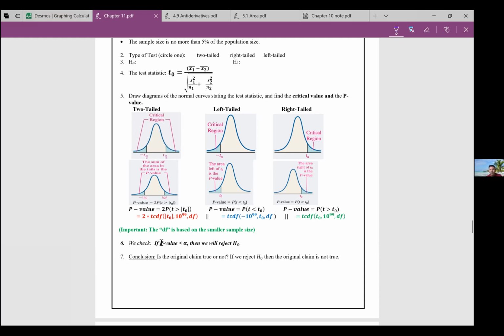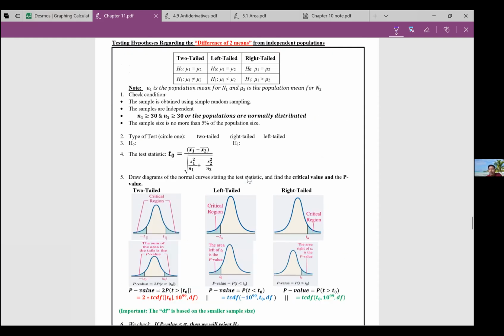And step number 6, usual business again, we always compare p-value to alpha. If p-value is less than alpha, then we reject the null hypothesis. And conclusion, based on step number 6, we can state whether we have sufficient evidence to support the claim, or we have insufficient evidence to support the claim that we started with at the beginning, right?